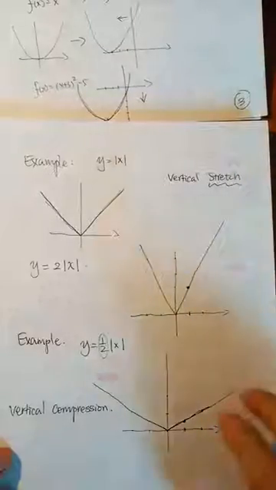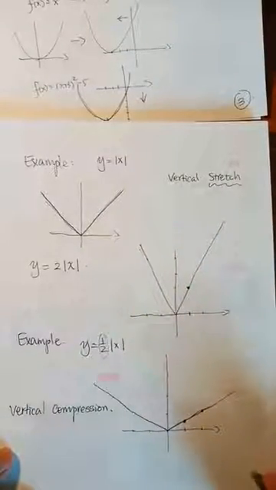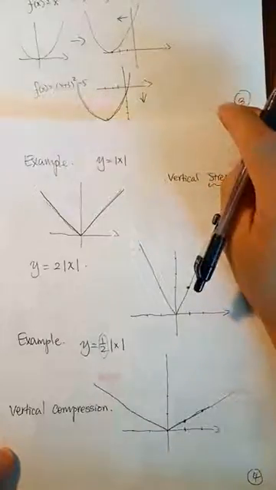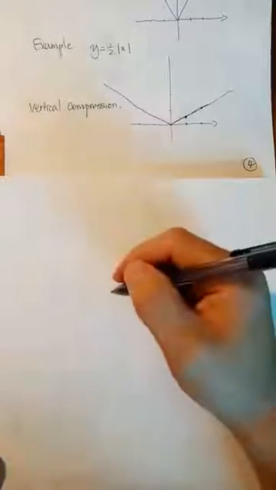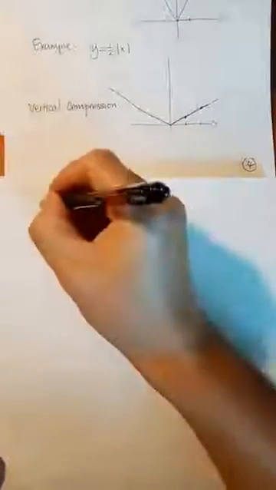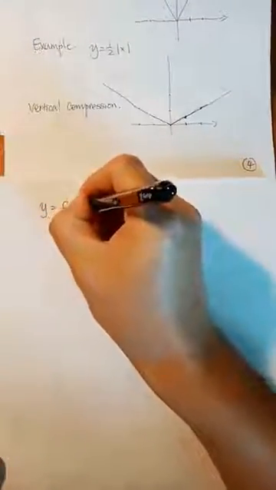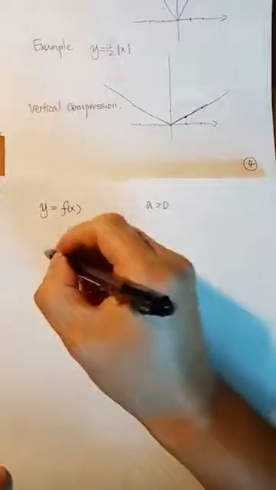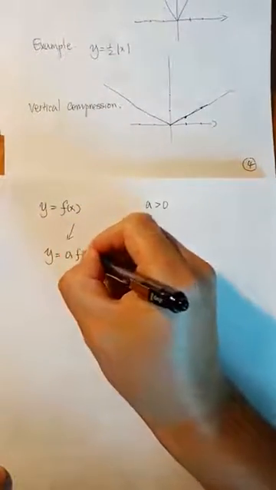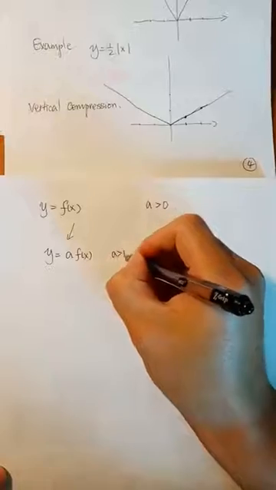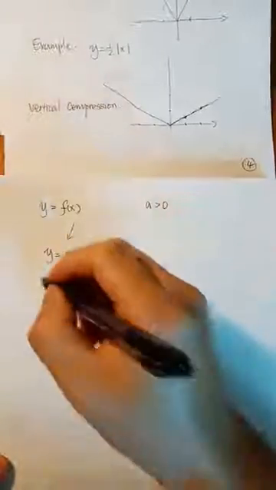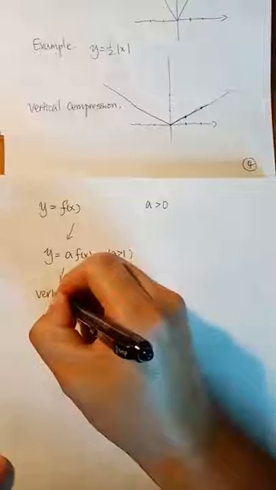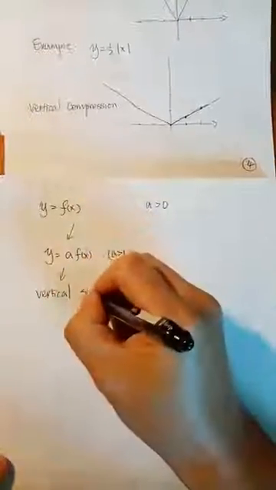Okay, so if we want to make the problem and the example more abstract, it's like this. If you have y equal to f(x), and a coefficient a that is always positive, then you have two possibilities. y equal to a f(x), where a is greater than 1, very big, is a vertical stretch.